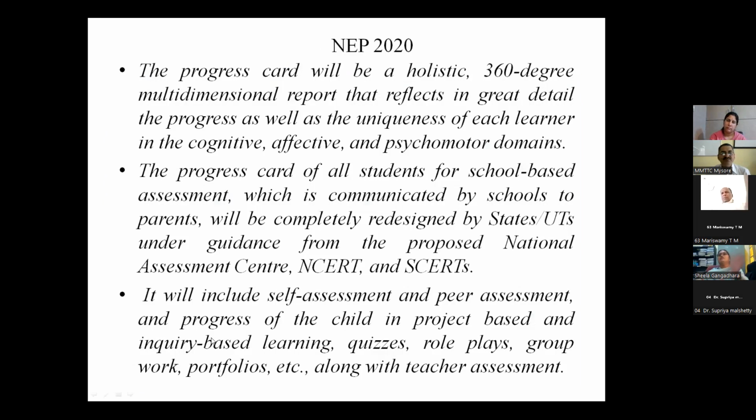And again, the NEP continues with how the progress card should be, what kind of progress card, and how we can have a multi-dimensional report of a child. 360-degree means from all angles we have to see the child, where it should reflect all the dimensions of the child: what is his development in the cognitive domain, in the psychomotor domain, and in the affective domain.